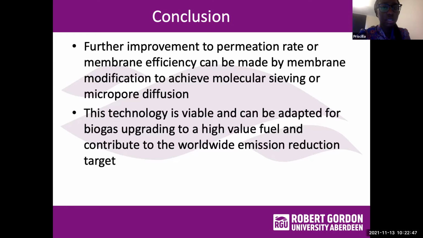We're able to put a coating and also harness the advantages of other separation types. So this technology is found to be viable and can be adapted to biogas upgrading to a high heating value fuel and contribute to worldwide emission reduction targets.